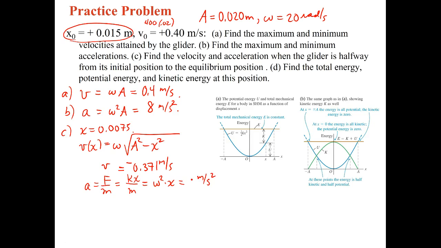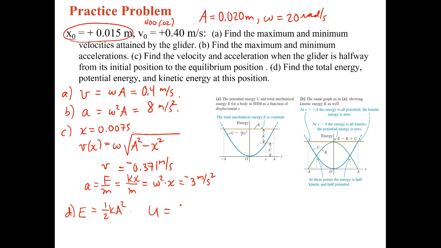And now we also have to think critically about this: if the block is to the right of the 0 point, it'll be a negative acceleration. Finally, we want to find the total energy, which will be 1/2 k A squared. I'm going to refrain from putting numbers in right now.